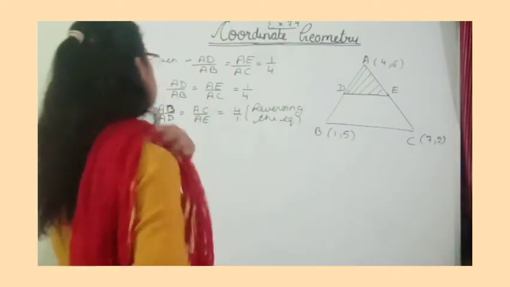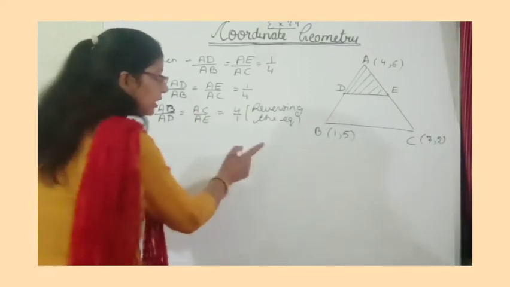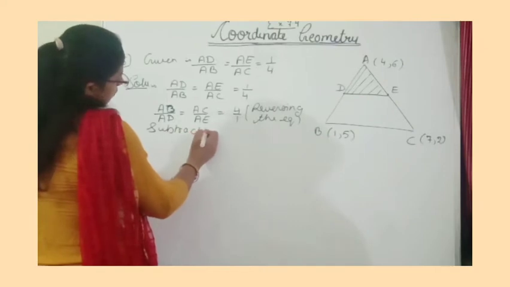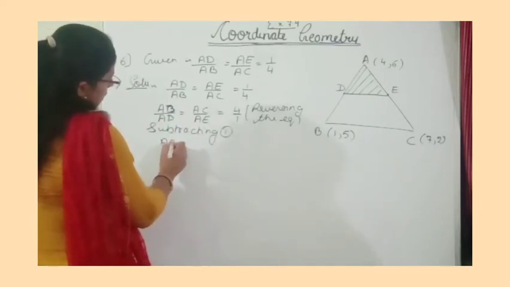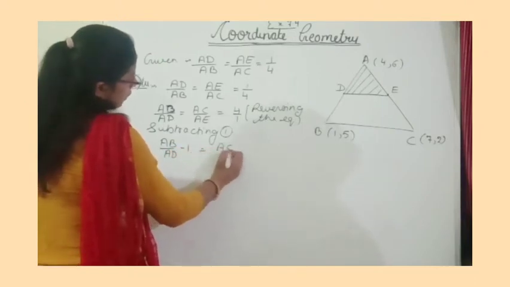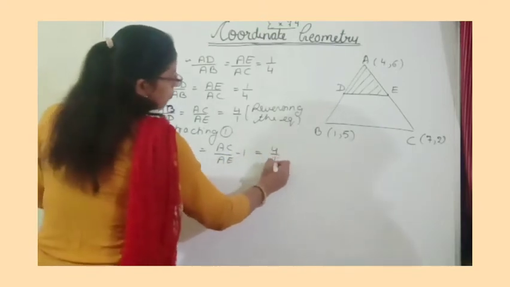So now what will we do? We can subtract 1 from both sides. So we get AB upon AD minus 1 is equal to AC upon AE minus 1 is equal to 4 upon 1 minus 1.